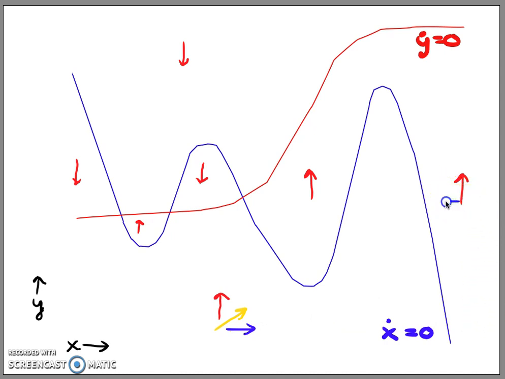So X is decreasing here because we're moving from this region to this region, we've crossed the X null line. Similarly here. This is also going to be decreasing X because we're on the right side of this cubic, weirdly shaped X null line.